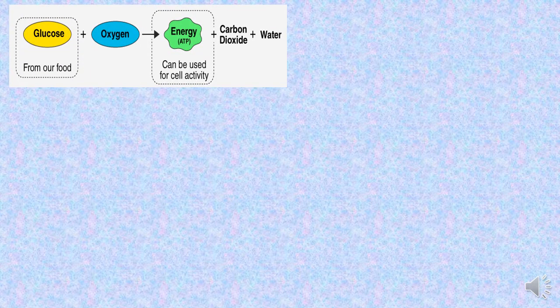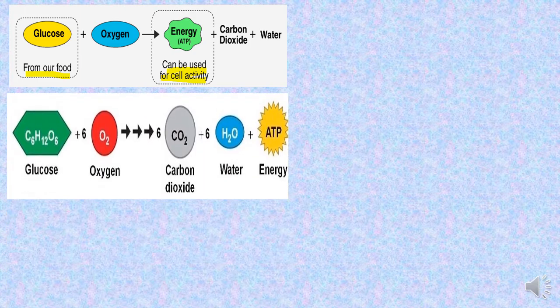For example, during respiration, as we all know, glucose is oxidized to produce carbon dioxide and water along with the evolution of energy that can be used for the cellular activities. This is a chemical reaction that can be represented like this.